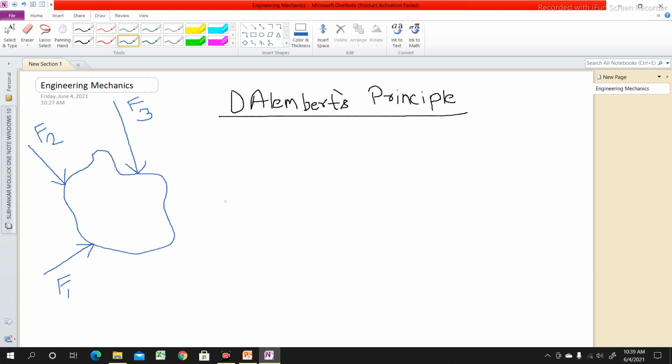Suppose the body is moving in this direction with acceleration a.